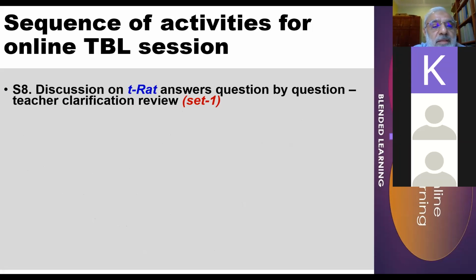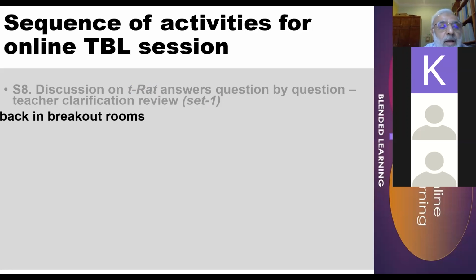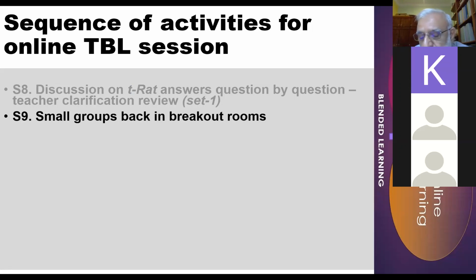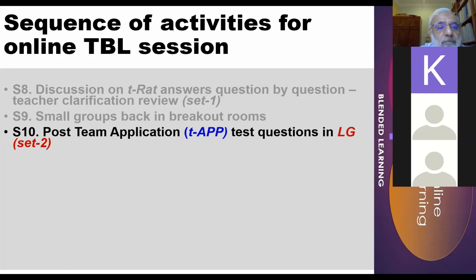And then once the students come back, we discuss the STRAT answers question by question, and the teacher clarifies the concepts. After this, students go back into their breakout rooms, and they have the team application test questions posted on WhatsApp.